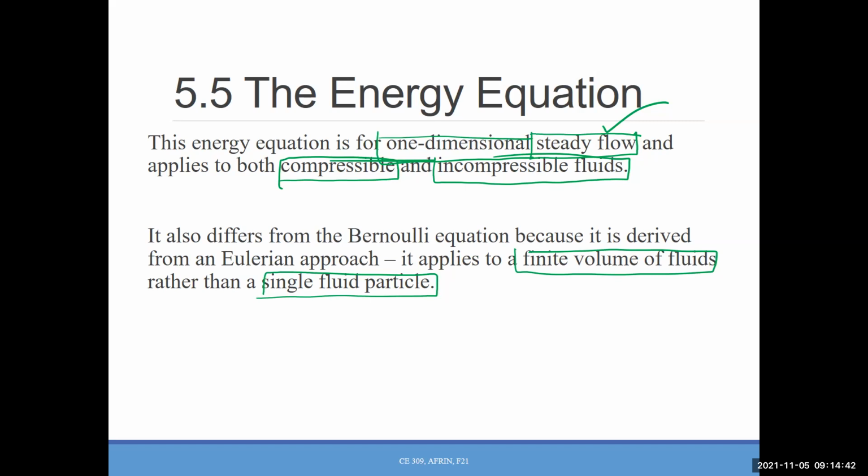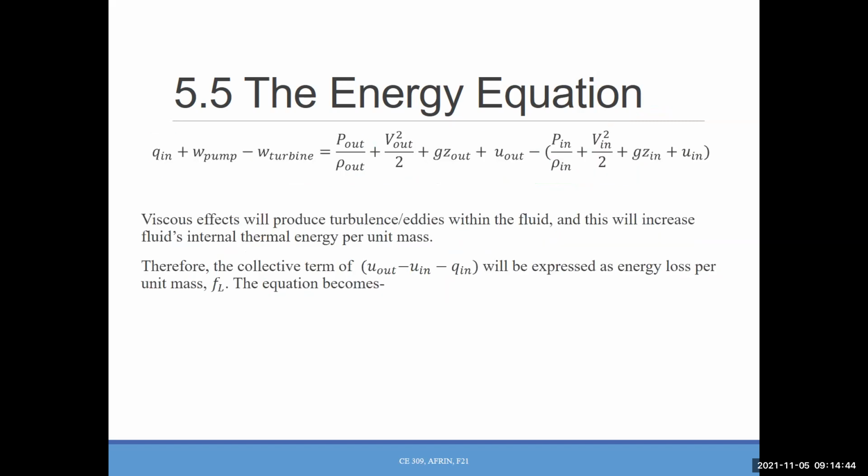Now the equation was for per unit mass. We will convert that into per unit weight, but before that, do you remember a little bit about laminar flow and turbulent flow? Laminar flow was the calm and quiet flow, like all parallel streamlines. And the turbulent flow was so chaotic.